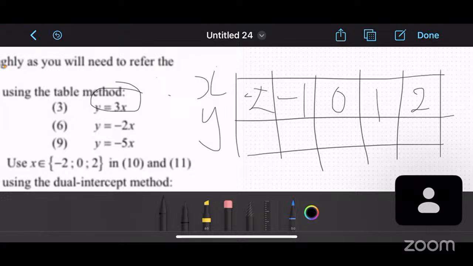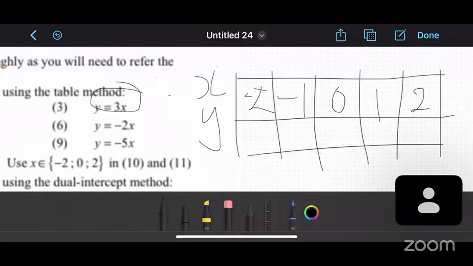To know where this line touches the y-intercept, right? So we are picking the x values so we can calculate the y values when our x values are equal to the values that we picked for x.